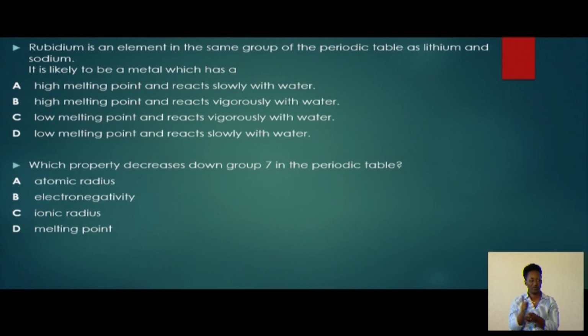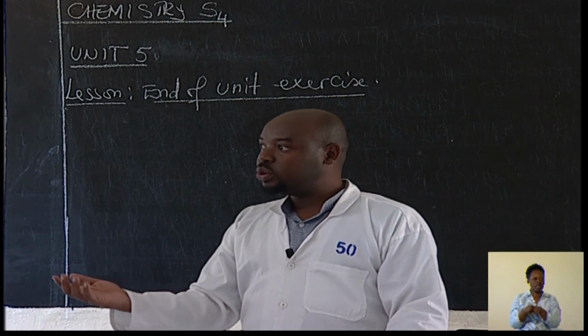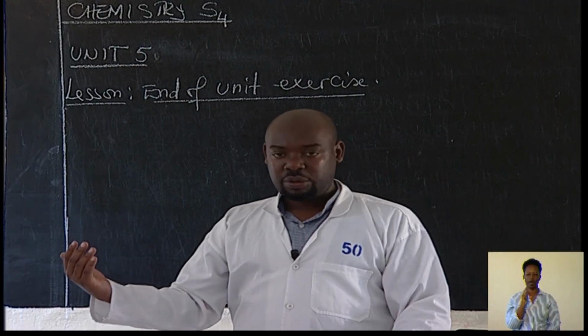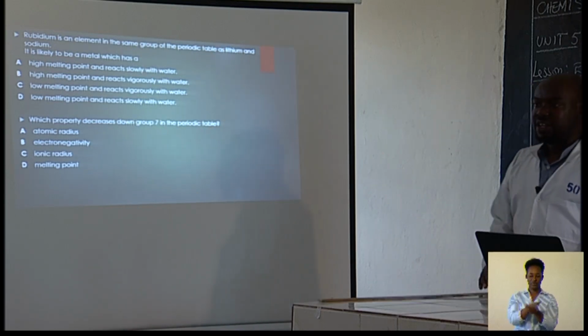The ionic radius increases as we go down the group, just like the atomic radius. And melting point, we have seen this before. Melting point increases as we go down the group because the intermolecular forces become stronger. So the right answer is B. The right answer is B.